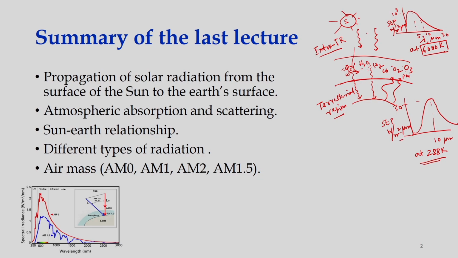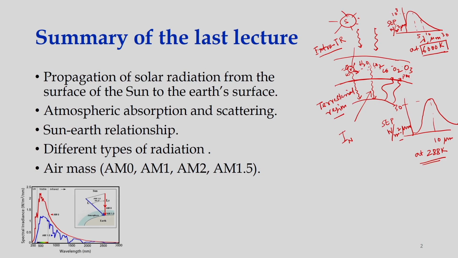So, here solar radiation is propagated. What happens in the earth atmosphere? Some of the radiation is unaffected by the earth atmosphere and directly strikes the earth surface. This radiation directly striking the earth surface is known as normal radiation.